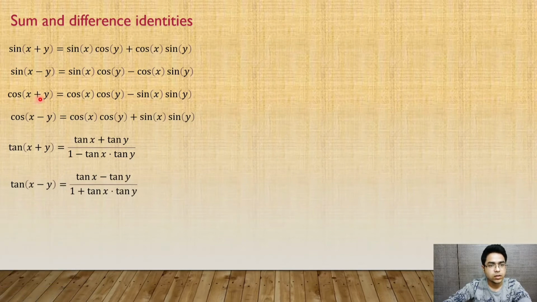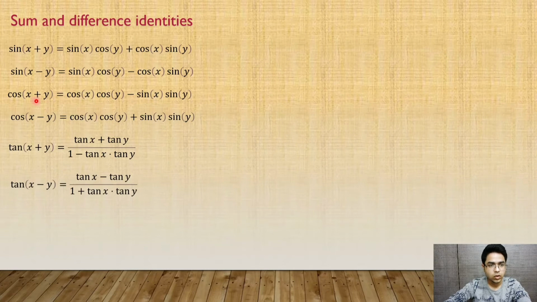See here, for a positive there will always be a negative, and next we'll see sine x into sine y. Similarly, cos of x minus y will be equal to cos of x into cos of y plus sine of x into sine of y.